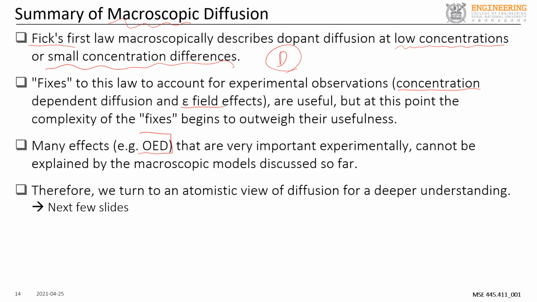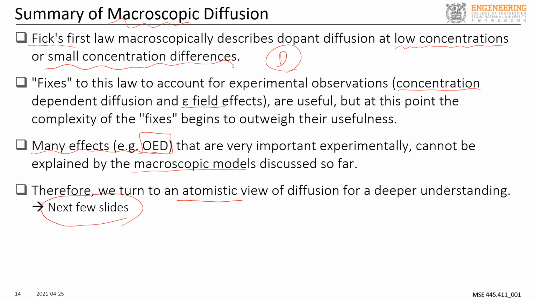And we talked about this oxidation enhanced diffusion, right, in the oxidation chapter. But this macroscopic model doesn't really explain effects like OED. So we have to use the atomic model or microscopic model.